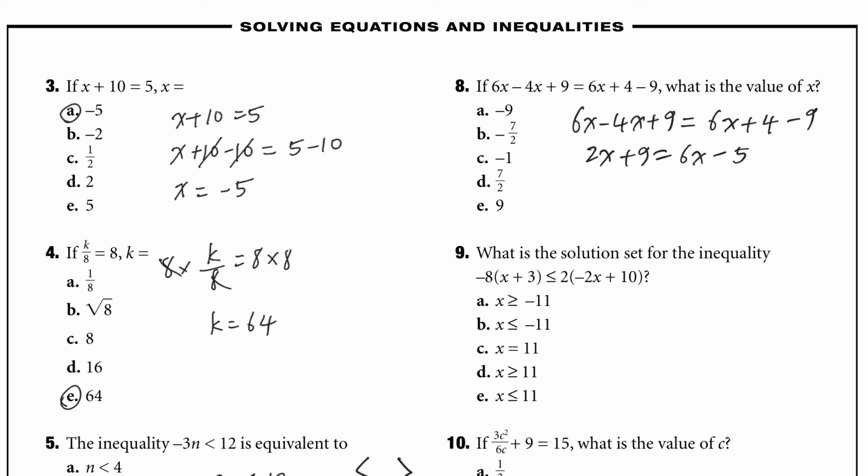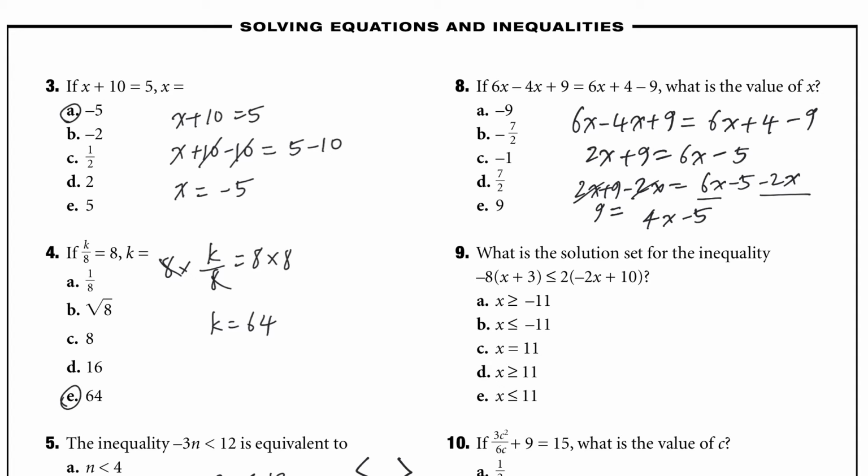I am going to move 2x to the other side by subtracting 2x from both sides. So they cancel. So I have 9 is equal to, just going to do it in one step because I don't have that much space here. 6x minus 2x, that's 4x minus 5.